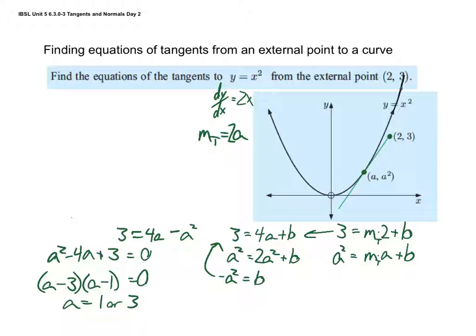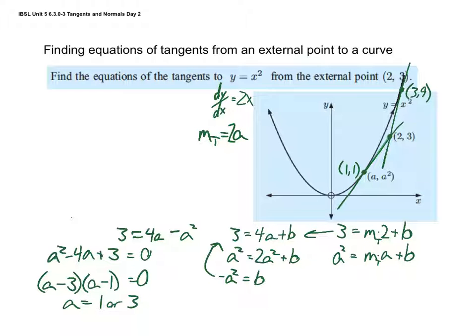There's a point up here that would also give me a tangent line through the point 2, 3. So there are two different ones, and we found the x coordinates of both points. That's going to be the point 1, 1, and up here the point 3, 9.